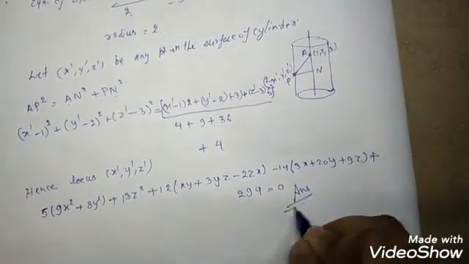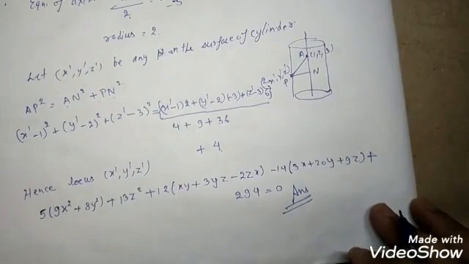So this is the required equation of the right circular cylinder.